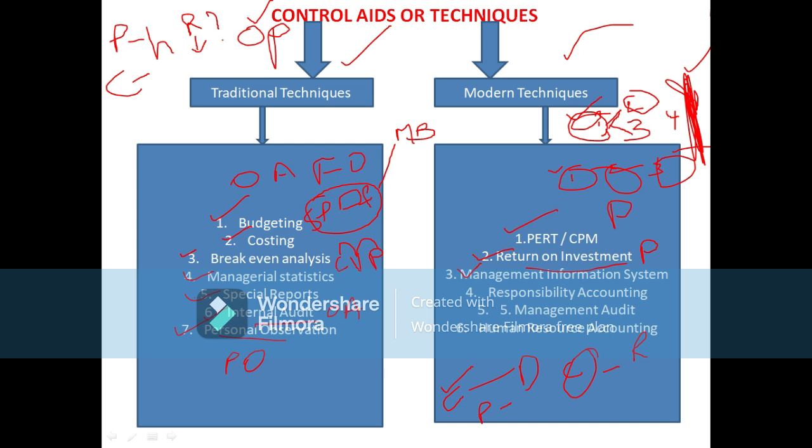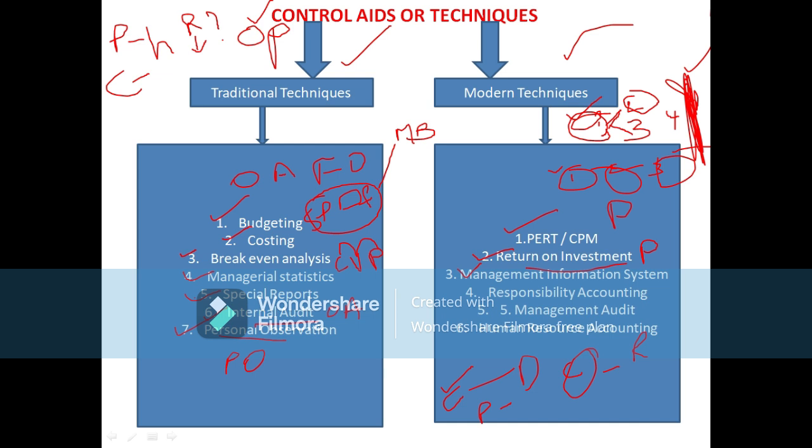Such a wing is specially created to supply information only to management, which is why it is called management information system. Many big organizations have computer based information systems. In designing MIS, attention should be paid to the relevance of the data to decision making.